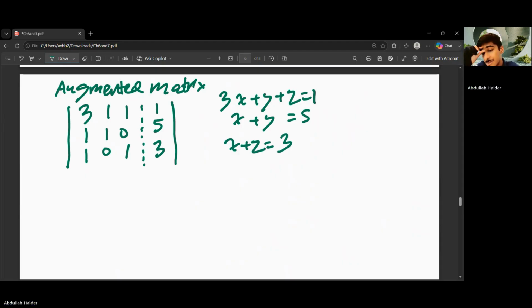You can use row reduced echelon form, Cramer's rule, or any of these methods to solve this system.